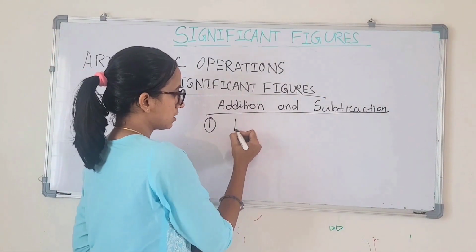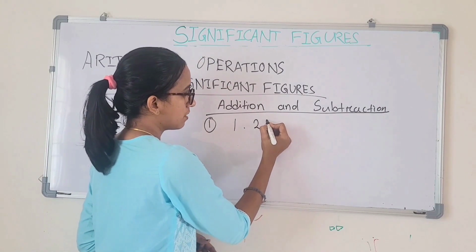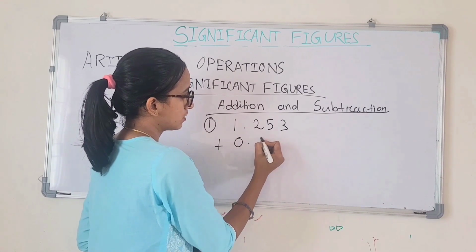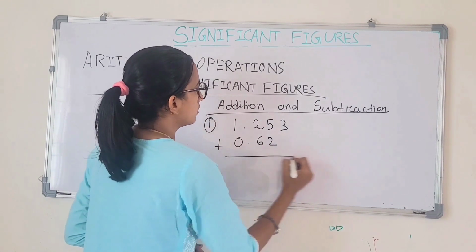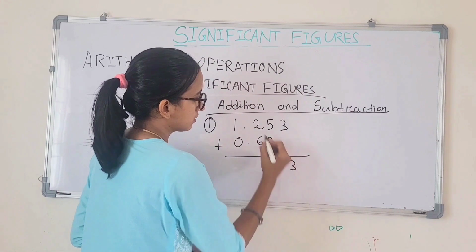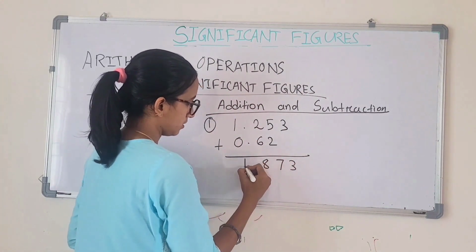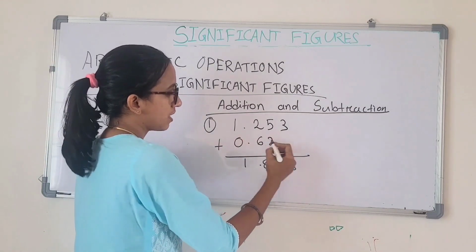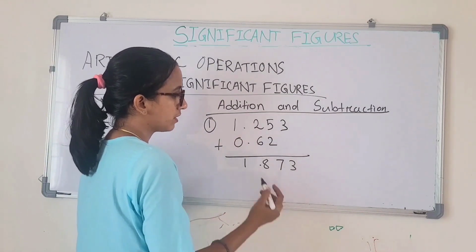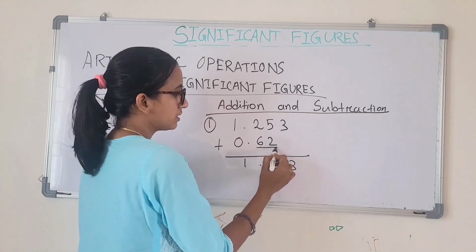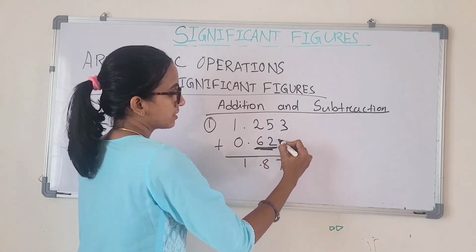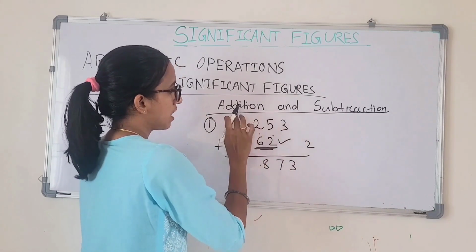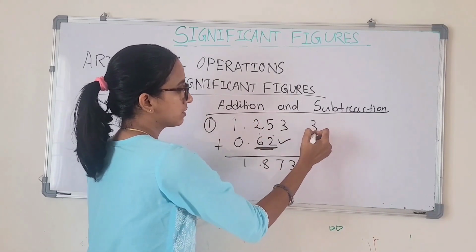Okay, so suppose we are adding two quantities, 1.253 plus 0.62. Which number has the least number of significant digits after the decimal? This number has fewer: here there are 2, and here 3, after the decimal.